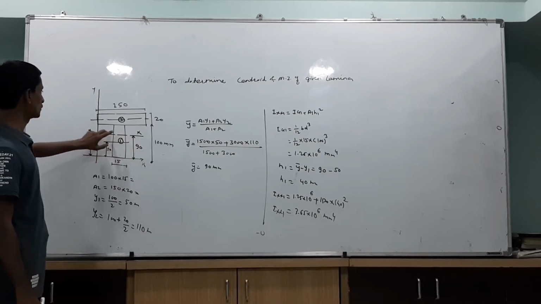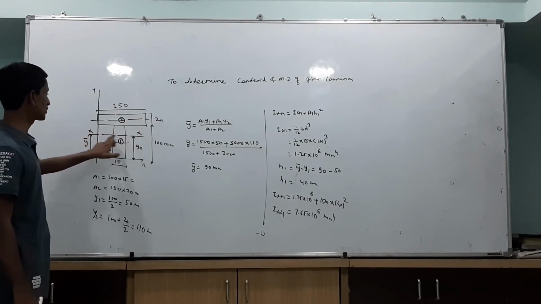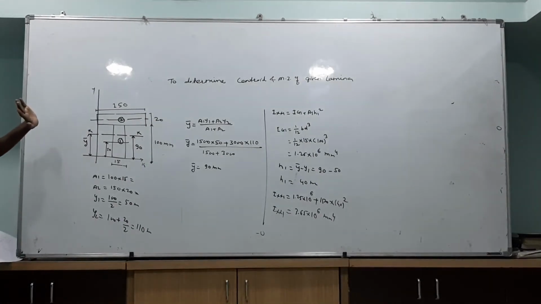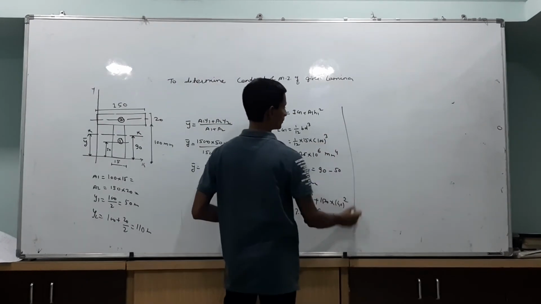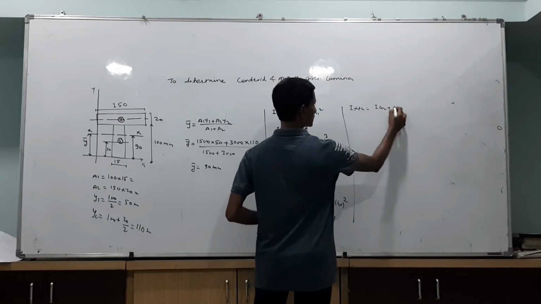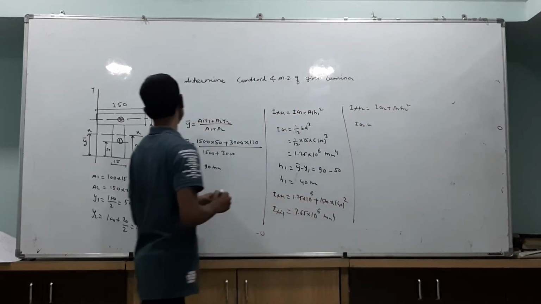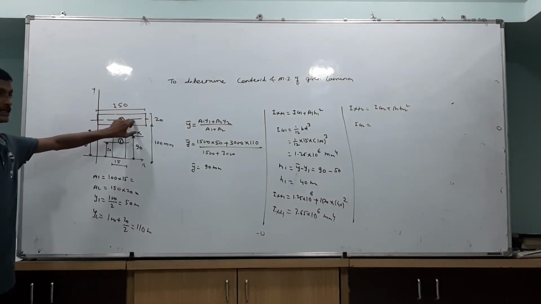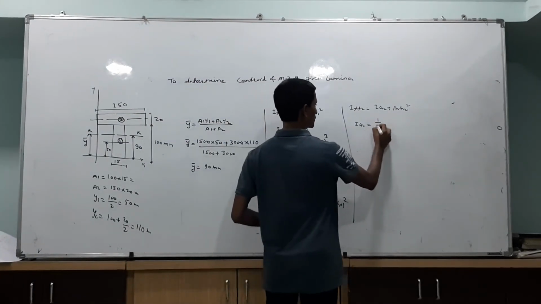In this case also, the central axis of the area number 2 and the central axis of the given plane lamina are parallel to each other. So we are again going to use the parallel axis theorem. So Ixx2 is equal to Ig2 plus A2H2 square. Again Ig2 means the MI of rectangle number 2 about its own central axis, and it is given as 1 by 12 BD cube.